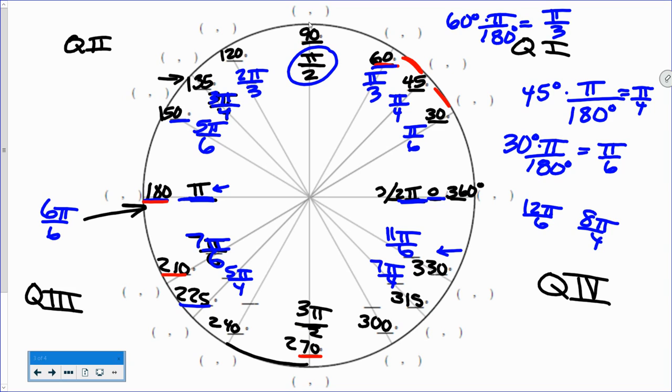So they will all end with pi over 3. Okay, so I have 1 pi over 3 here, 2 pi over 3 here, 3 pi over 3. So this is 4 pi over 3. All right, travel another 60 degrees, I'm at 5 pi over 3. Travel another 60 degrees, this would be 6 pi over 3, which is my 2 pi.